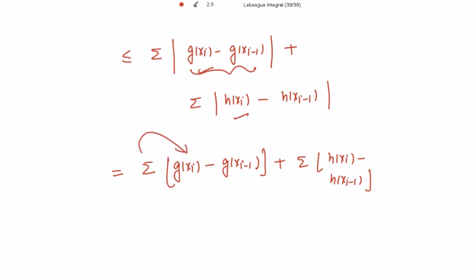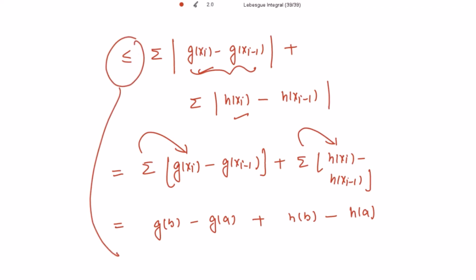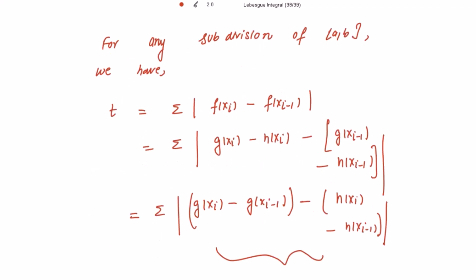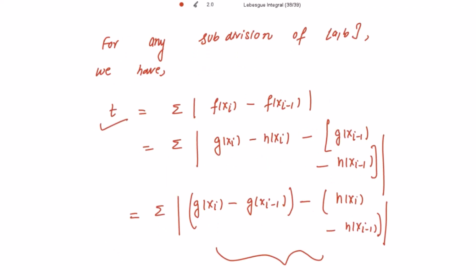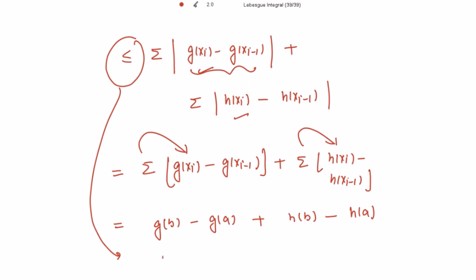Taking the summation all over, we get g(b) minus g(a) plus, taking the summation all over this, h(b) minus h(a). So the inequality is moving from here. On the left hand side we have this t, so writing t less than or equal to the right hand side g(b) minus g(a) plus h(b) minus h(a).